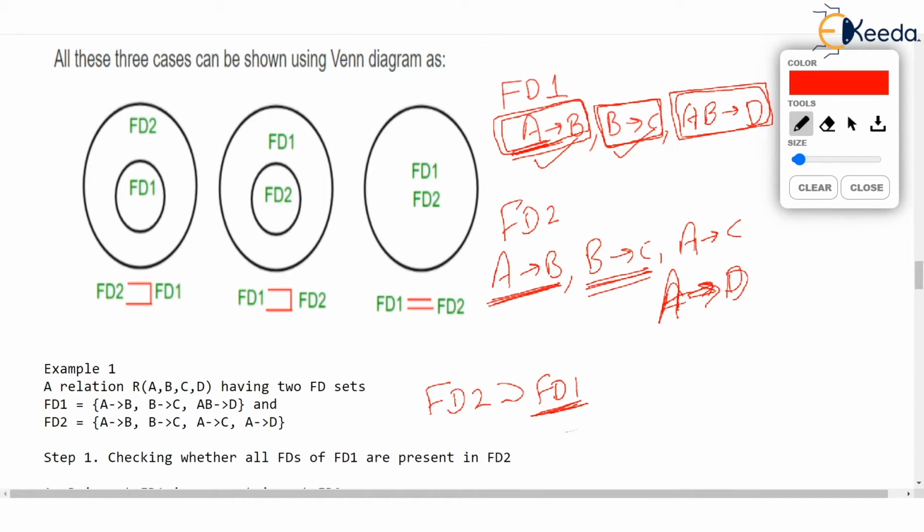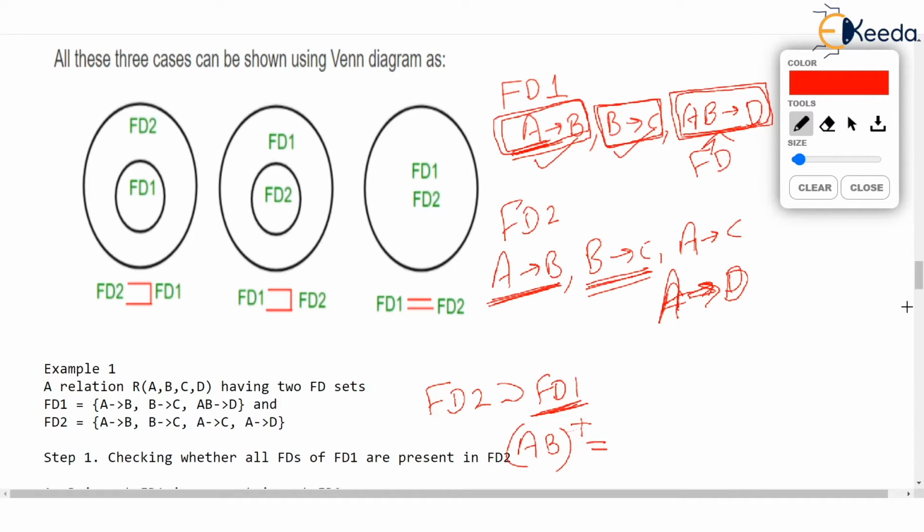Check my words. We have taken an FD from FD1, correct? And we want to know, can this FD be inferred, be derived from FD2? AB determines D is the FD. The left hand side is AB, isn't it? So we find the left hand side's closure, AB plus, using only FD2.